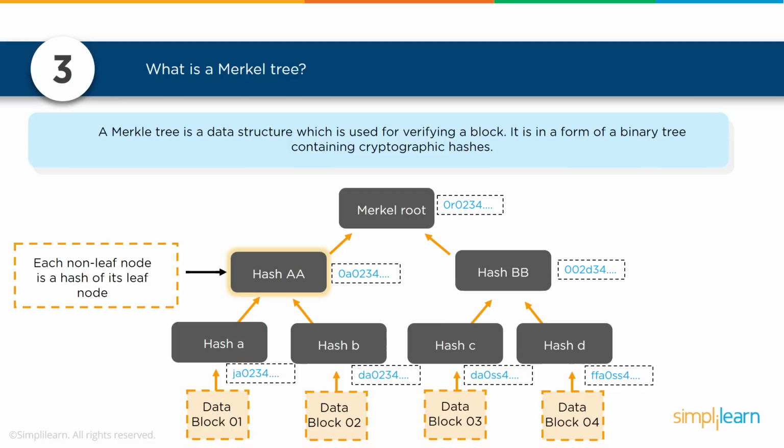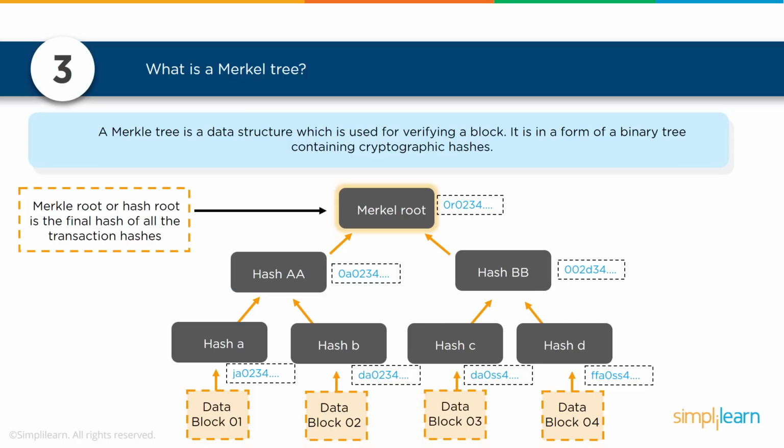Hash AA is the hash of two blocks, hash A and hash B. The Merkle root, or the hash root, is the final hash of all the transaction hashes. So the Merkle root is the hash of hash AA and hash BB. It encompasses all the transactions underlying all the non-leaf nodes.